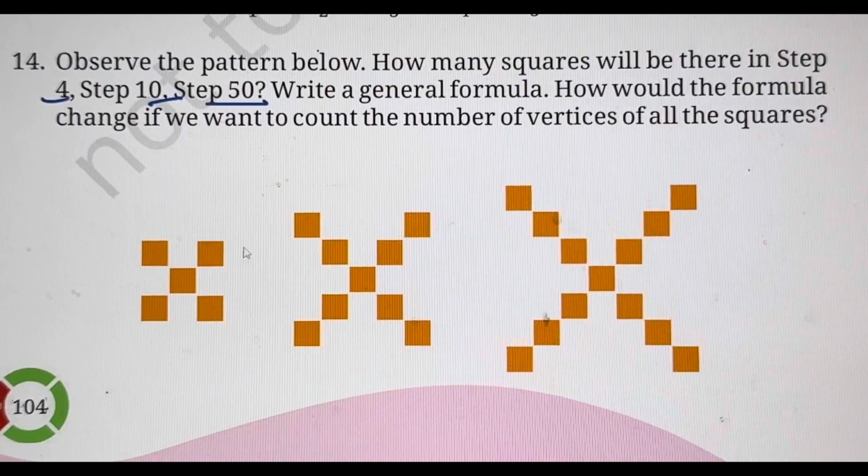Okay. So they have asked for 4th step, 10th step, and 50th step. That is one question. And we need to write down a general formula for that. Now, how would the formula change if we want to count the number of vertices of all the squares? Right? So there are 2 questions and 2 formulas asked in this. Let us try to understand that.